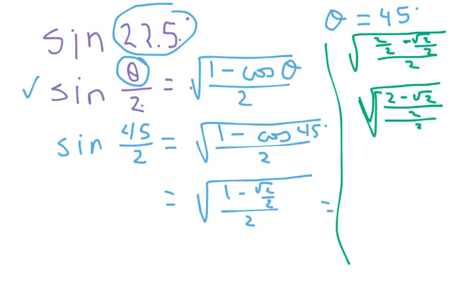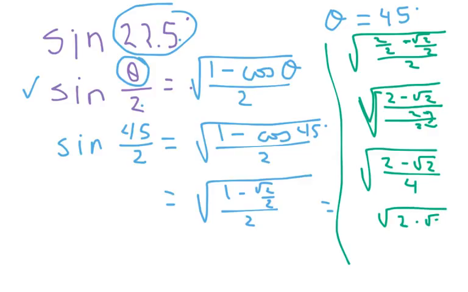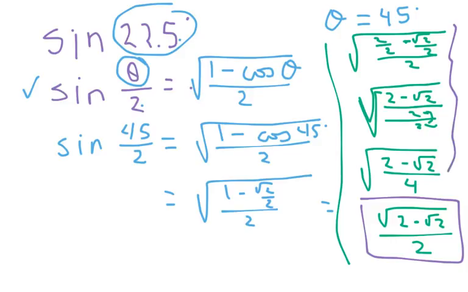In this case we just multiply these two numbers and we get the square root of 2 minus root 2 over 4. If you break this down, this gives you square root of 2 minus root 2 all over 2, and that is your final answer. It's as easy as that. It's the algebra here you have to be a little careful with.